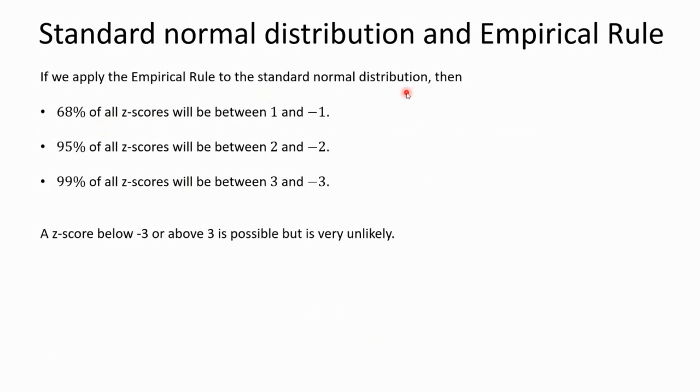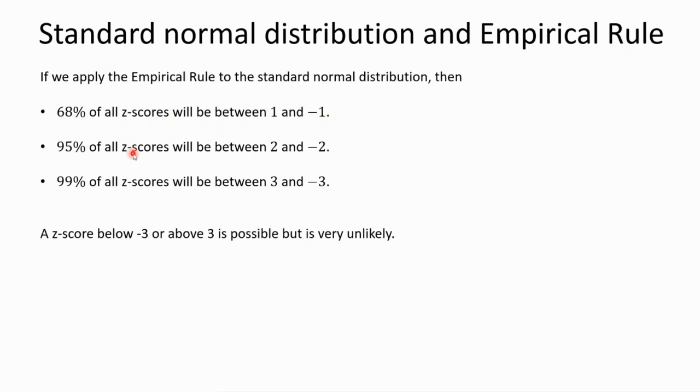So for the standard normal distribution, 68% of all z-scores will be within one standard deviation from the mean. In terms of z-scores, that's the same as saying between -1 and 1.